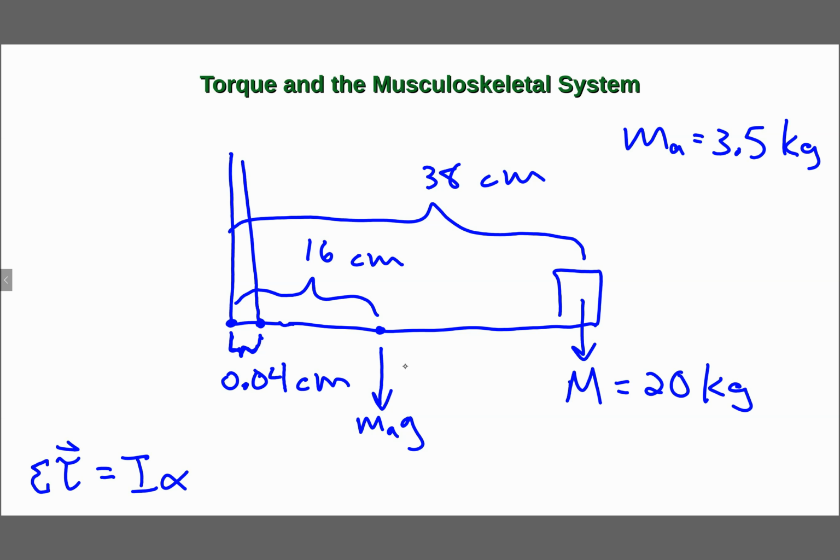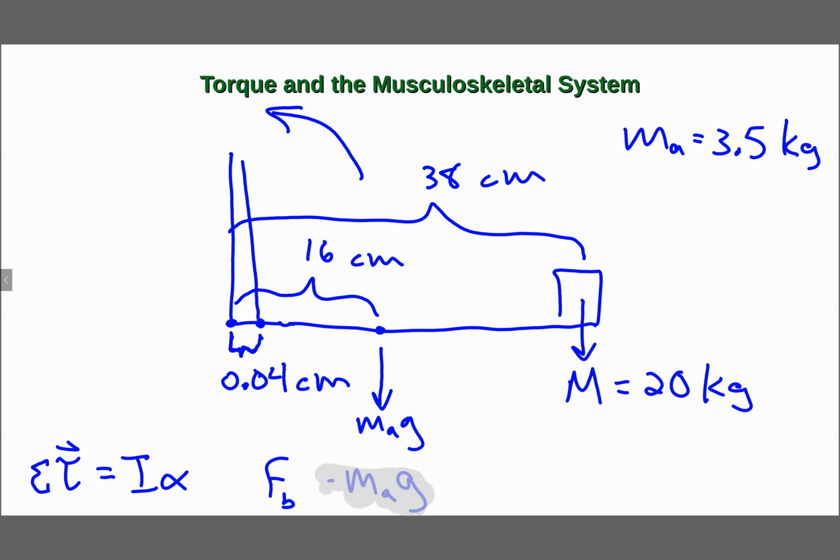And the sum of the torques is going to be each one of these things. Okay? So it's the force that the bicep applies upward. Okay? We'll make this our positive direction. Okay? Force that the bicep applies upward minus the mass of the arm times g minus the mass of the weight times g. Oh, my goodness.